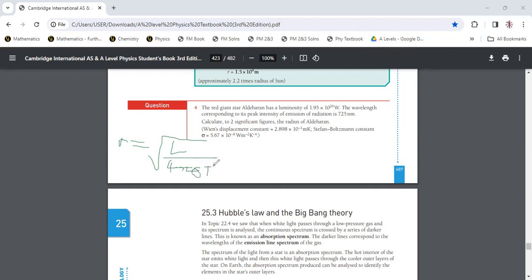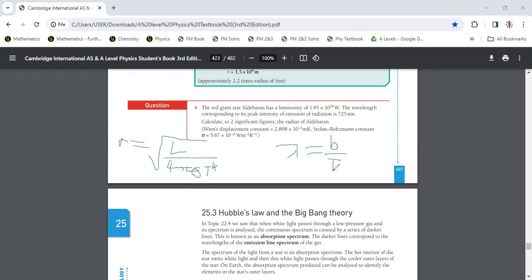So how do we find our temperature? It isn't stated. Remembering Wien's displacement law, we can find our thermodynamic temperature by T equals b over lambda. Plug in the values of 2.89 times 10 to the power negative 3 and 725 times 10 to the power negative 9.